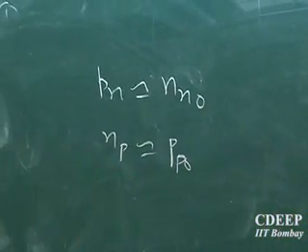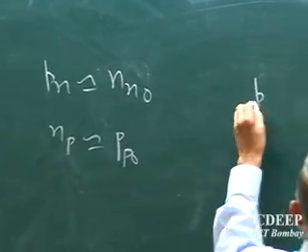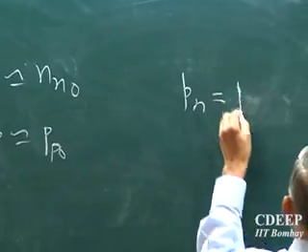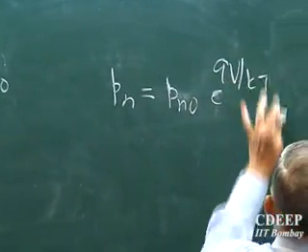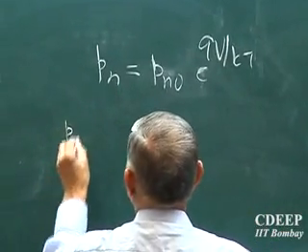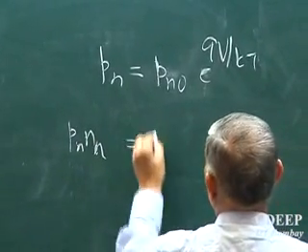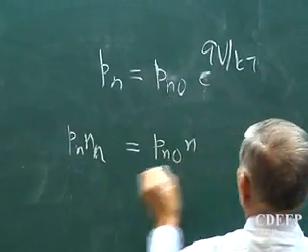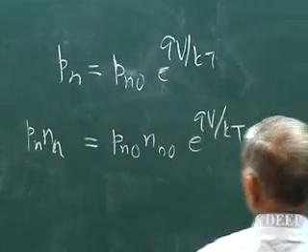Okay. Now in this case, if you see that expression we wrote, Pn is equal to Pn0 e to the power qV by kT. If I take PN into NN, the product will become Pn0 into Nn0 e to the power qV by kT.